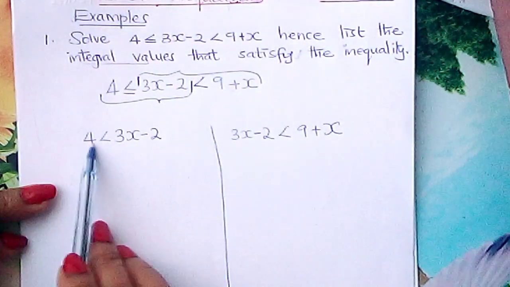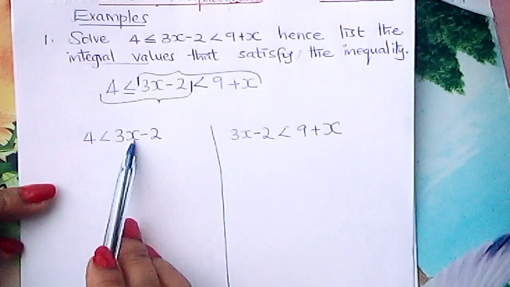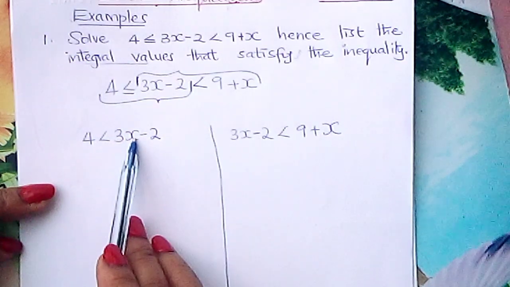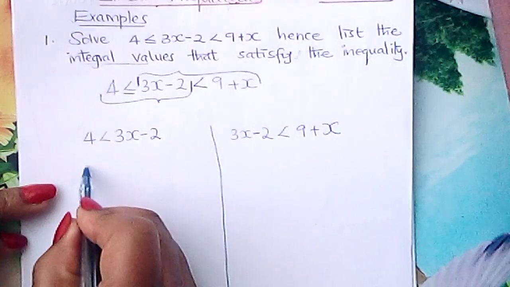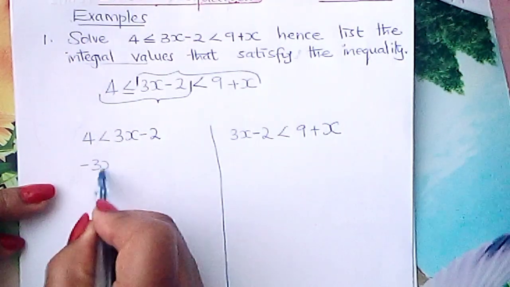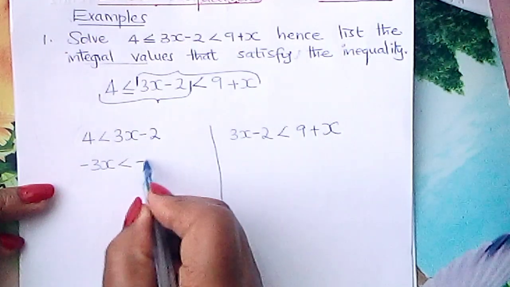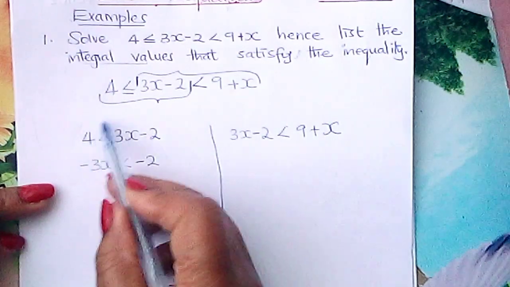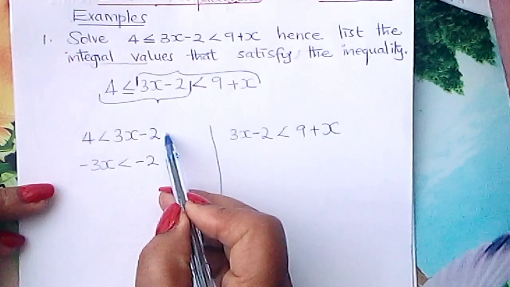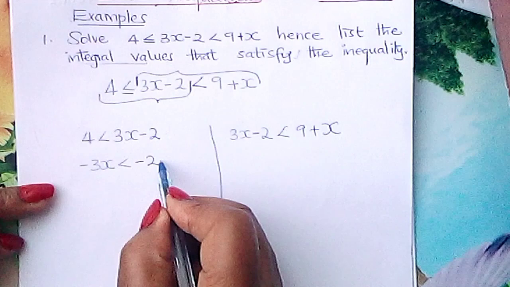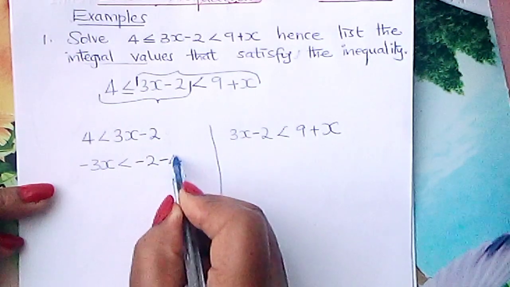We come to this one. Bring 3x to this side and take 4 to the other side, just like the way we do with equations. Bringing 3x over, it becomes negative 3x less than or equal to negative 2, and taking 4 over, it becomes negative 4.